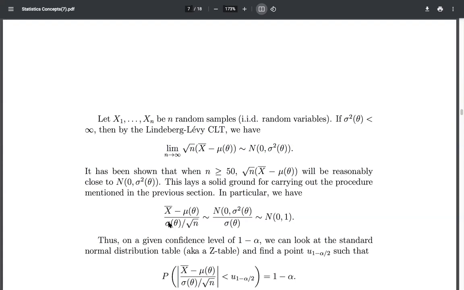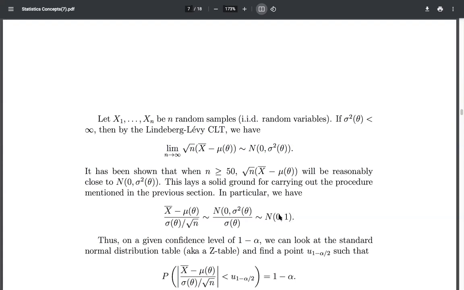So what you do here is you divide this thing. This is the sample average. This is the one you don't know. Sigma, you don't know, but you have this central limit theorem that says that after you do this, then you can use this table.